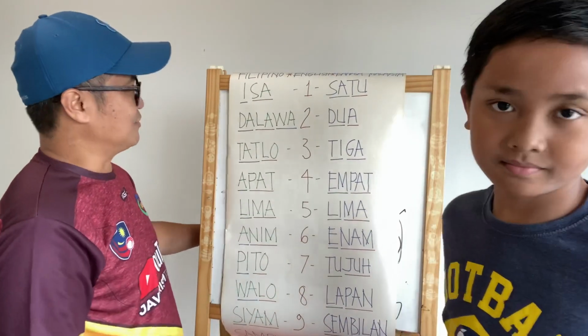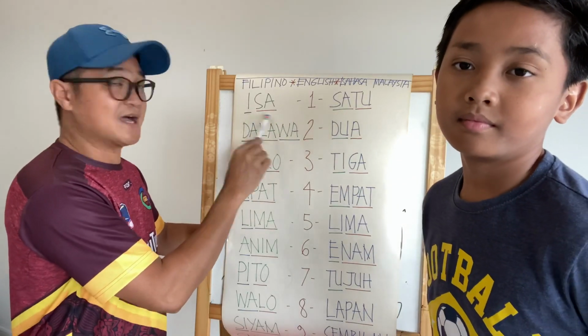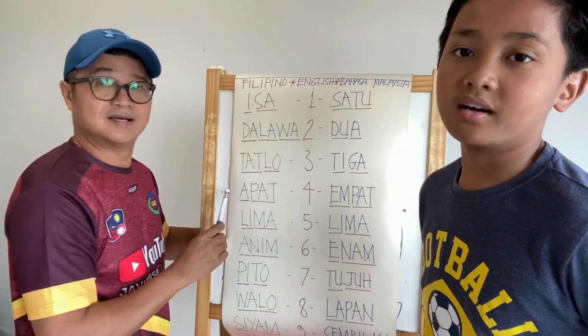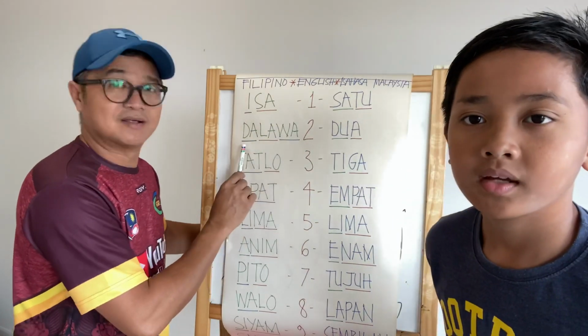Okay, so in Filipino we call number 1 isa. Number 2 is dalawa.